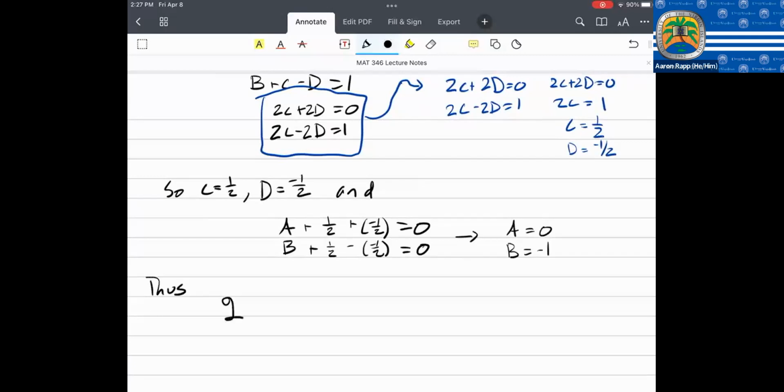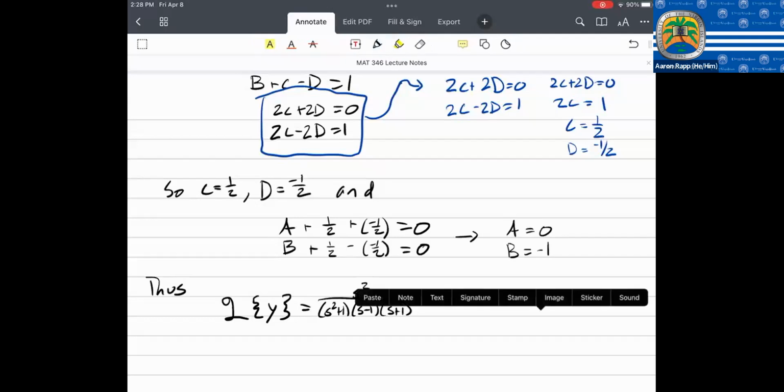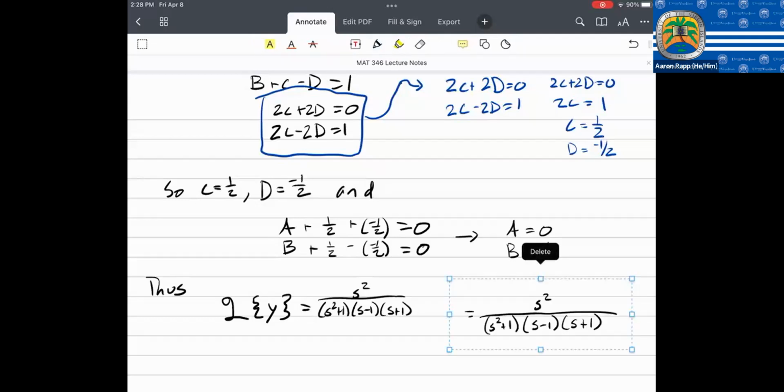So remember, we had the Laplace transform of my function y is equal to s² over s² plus 1 times s minus 1 times s plus 1. Confirming.